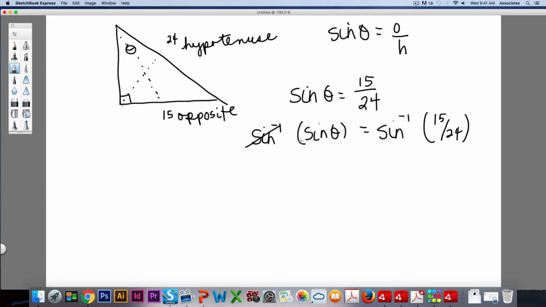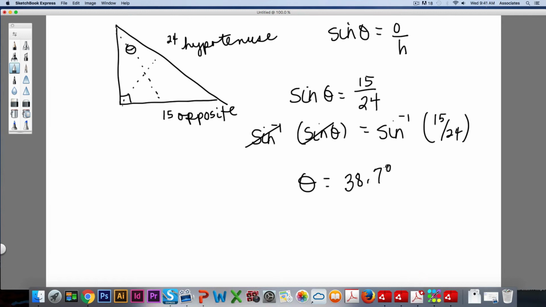These guys are inverses, so they cancel out, so I'm left with theta. In your calculator, go ahead and punch in the values, and I came up with, again, 38.7 degrees. All right, check your answers, and let's see how we did.